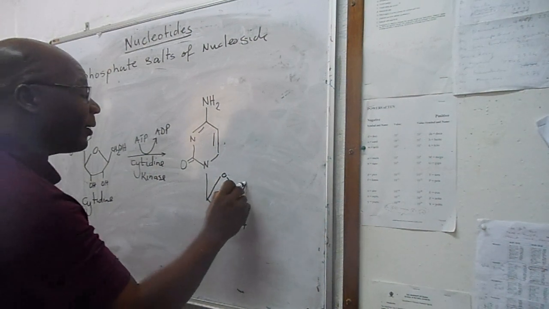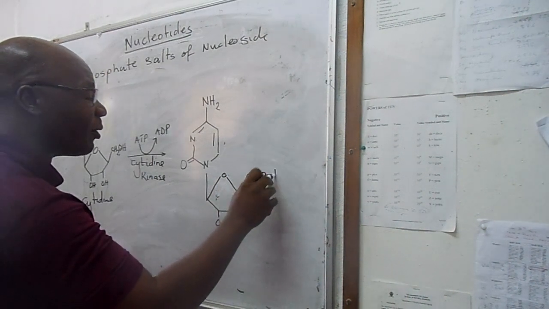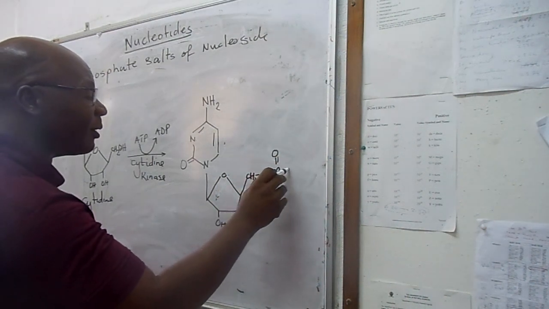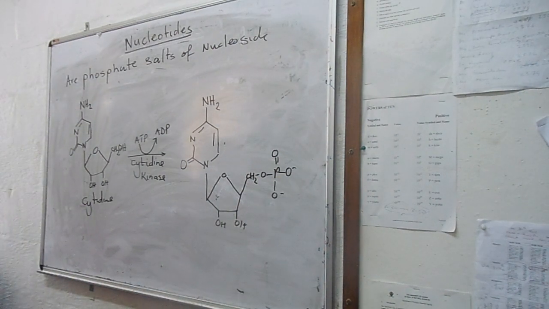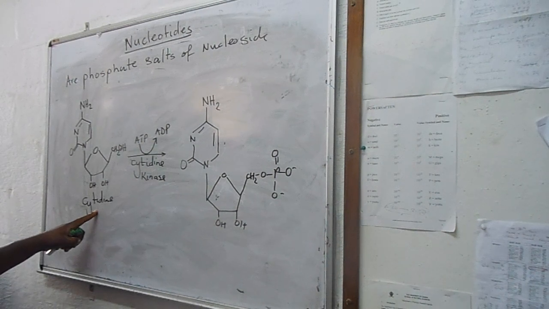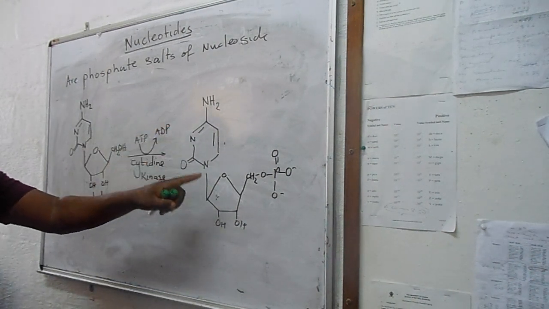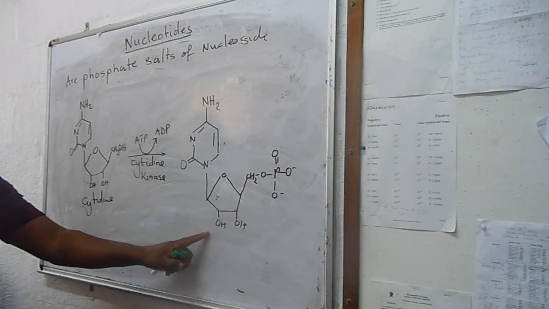Our cytidine is now attached to a phosphate group. This is our phosphate group. So cytidine has been converted to a nucleotide. A nucleoside has been converted to a nucleotide.